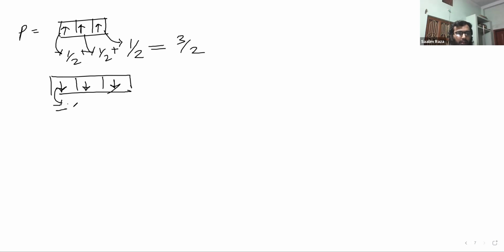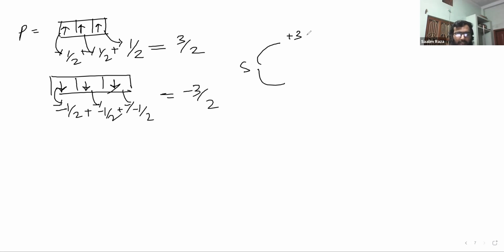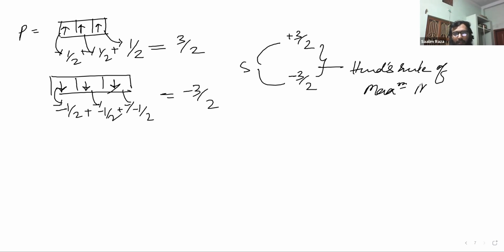Now each will count for minus half, and again the terms are additive, hence we get minus 3 by 2. Spin can either be plus 3 by 2 or minus 3 by 2 if we apply Hund's rule of maximum multiplicity. So what is maximum here? The maximum thing here is the spin. This is the case for Hund's rule of maximum multiplicity.